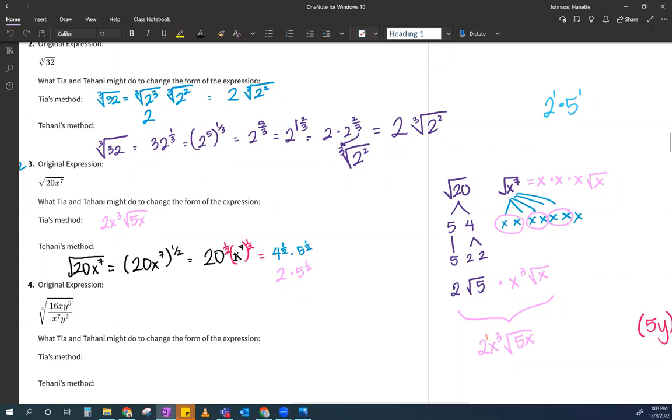Okay, now let's do the x's. Now this x says, where am I? Over here. So it's x to the 7th times 1/2. What's 7 times 1/2?